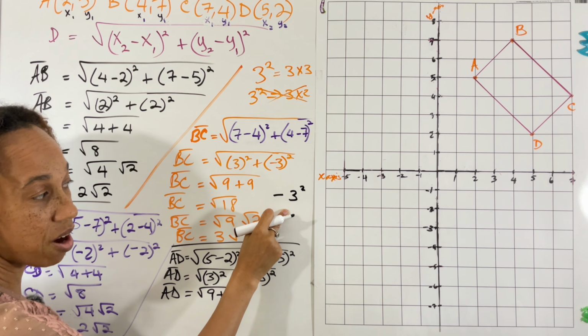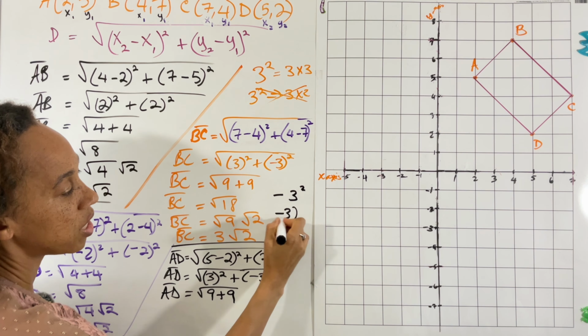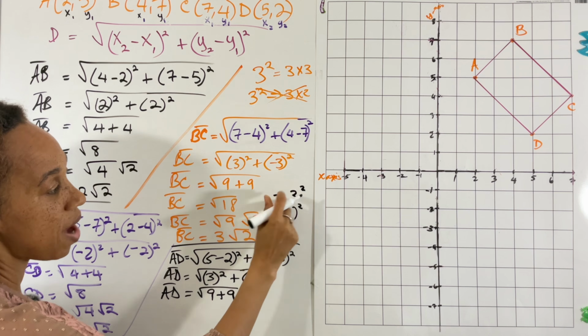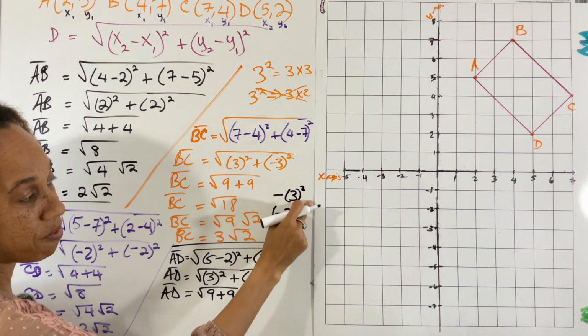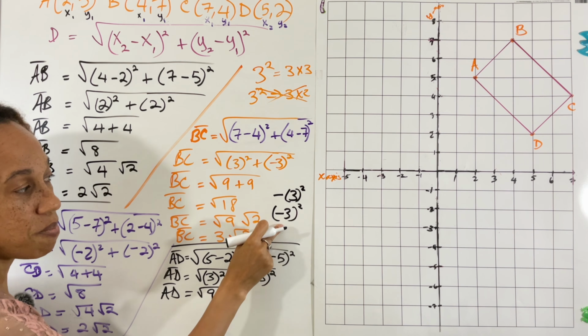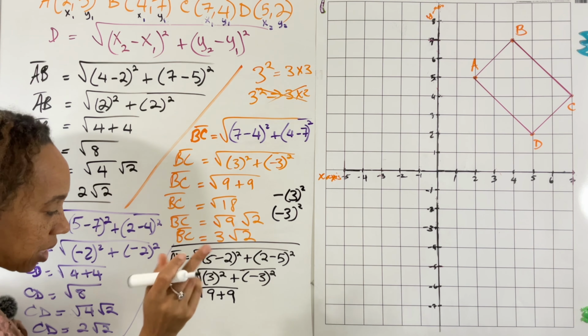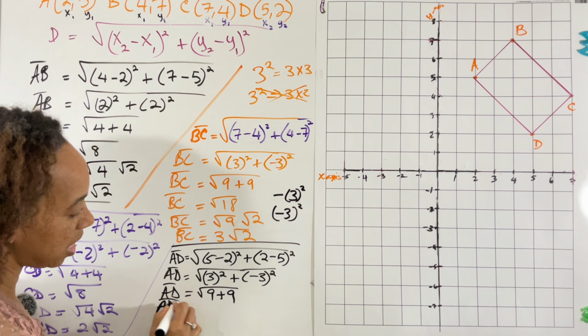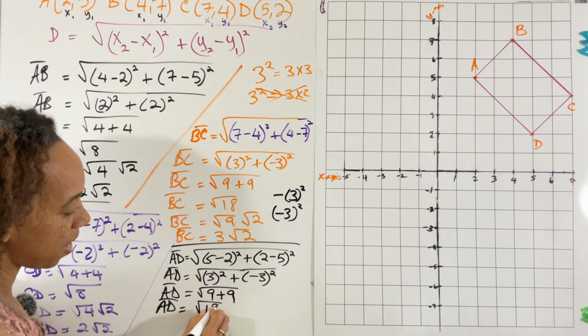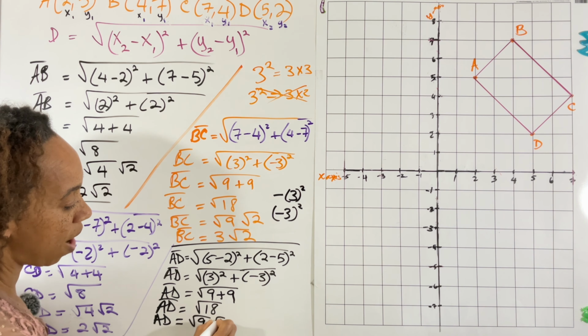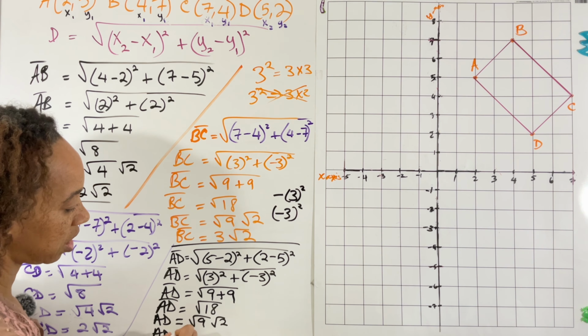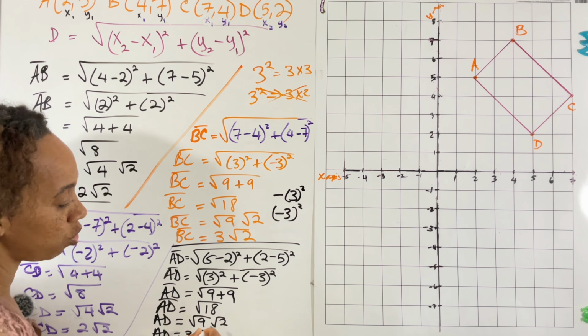There's a difference there. (-3) to the second power is 9, but if you write it as -3 squared without the parentheses, this is going to be -9. So be careful when you're writing that. That's a sidebar. So segment AD is going to be the square root of 18, and you further break that down to radical 9 times radical 2. So AD is equal to 3 radical 2.